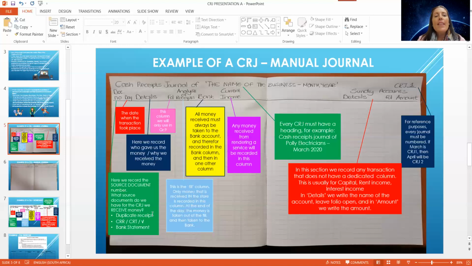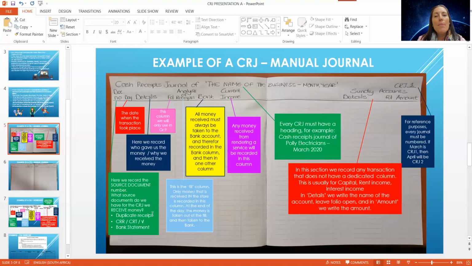Then we have, if we have a till in our business, a cash register in our business, and we use that to record transactions when we provide a service to the clients, then your source document will be cash register roll, that piece that stays, or that roll that stays inside the printer of the cash register.